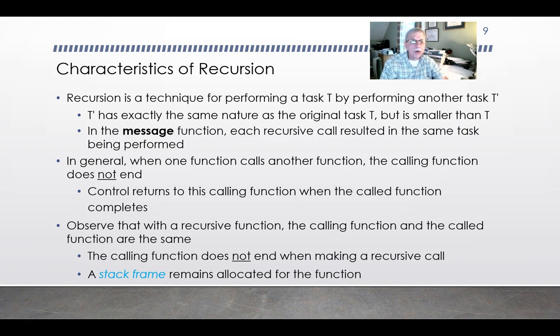That is, we broke the problem down into a slightly smaller problem. And therefore, by solving the smaller problems, we'd end up solving the problem as a whole. So in the message routine that we looked at, each recursive call resulted in the same task being performed. And the same was true when we called showMe in our example.